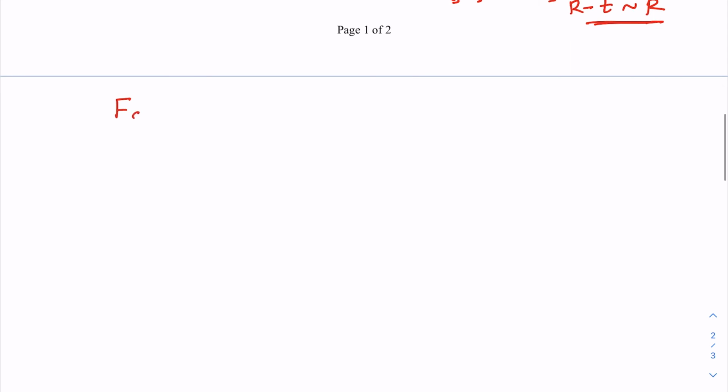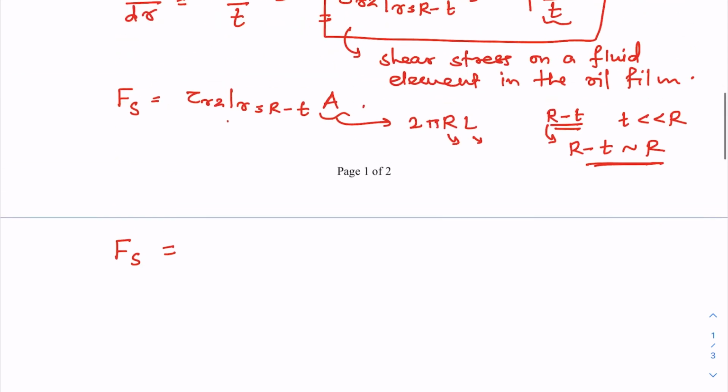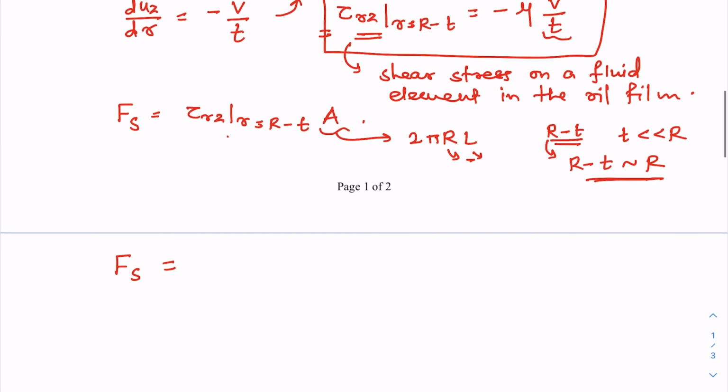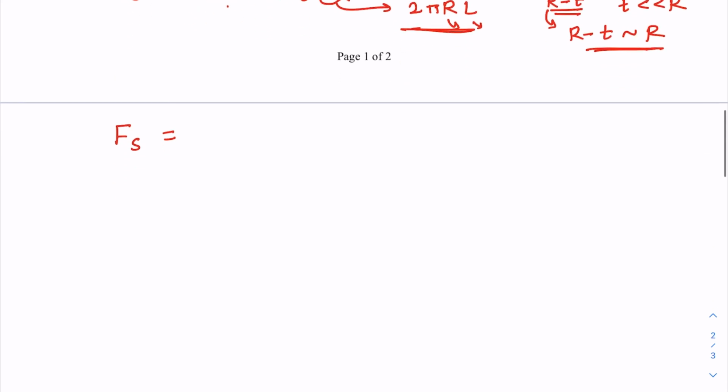So Fs, the shear viscous force acting on the piston, is mu times V divided by T multiplied by 2 pi r L.